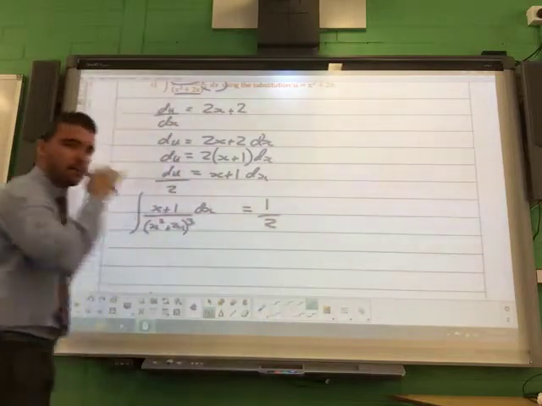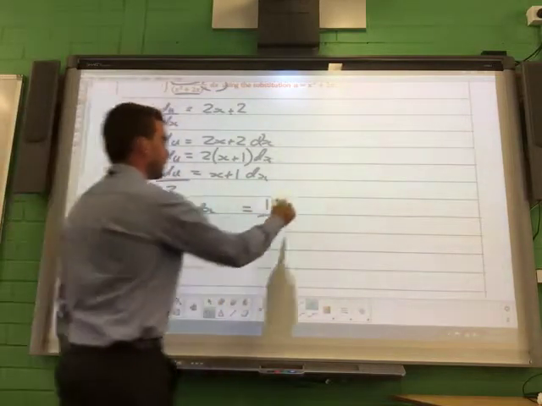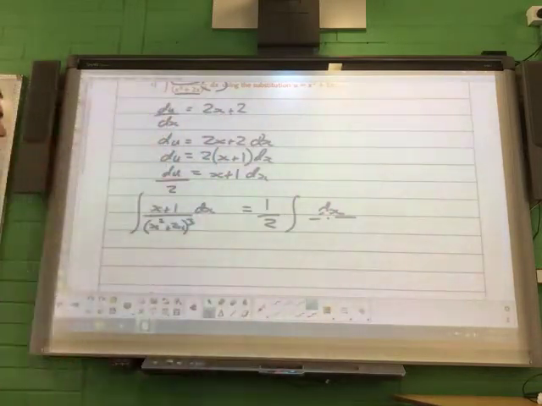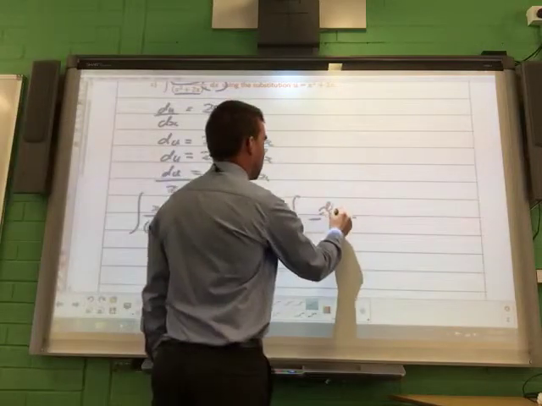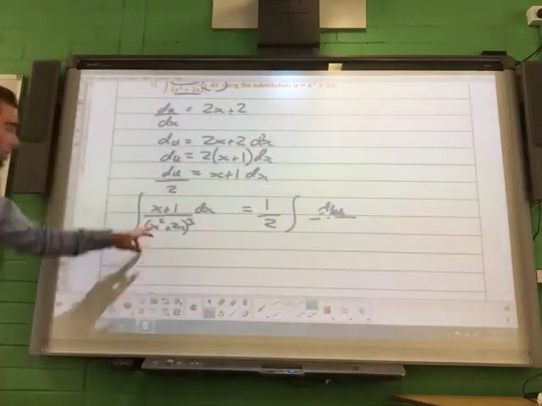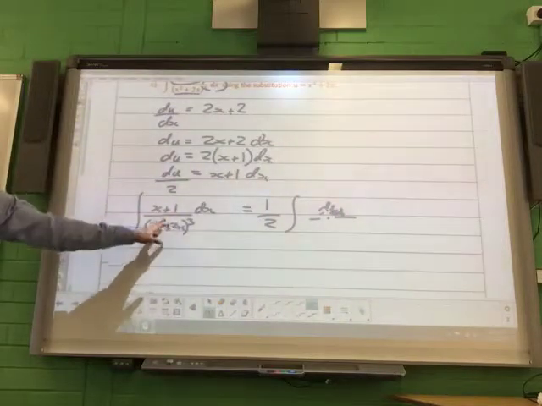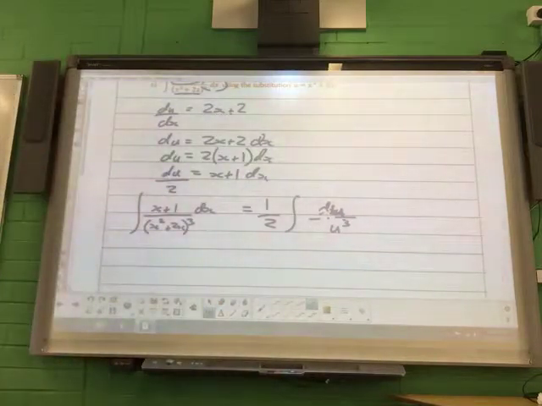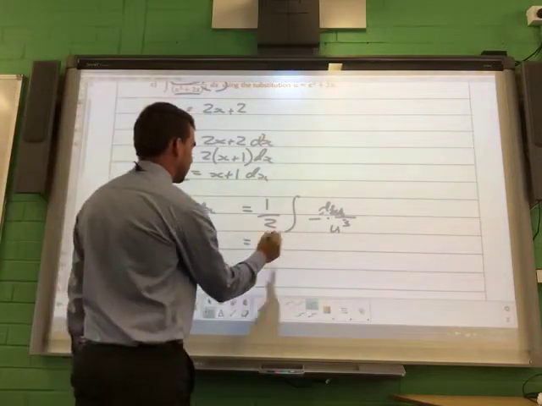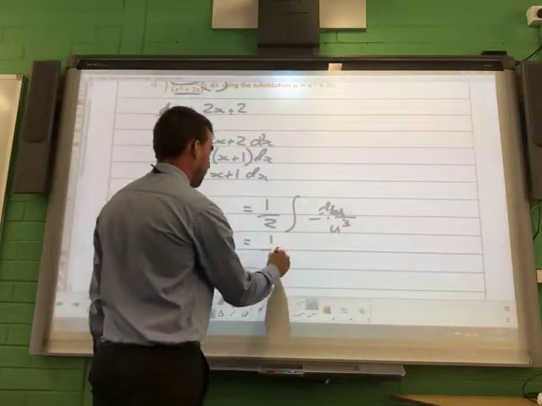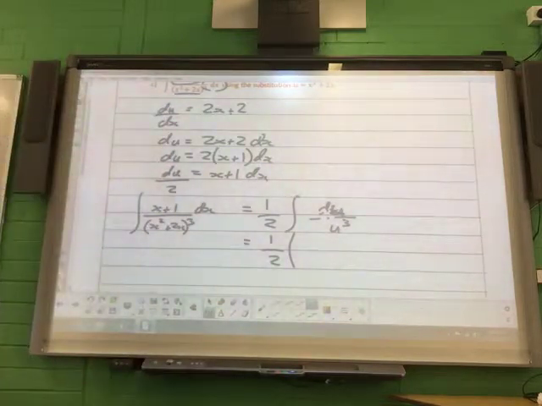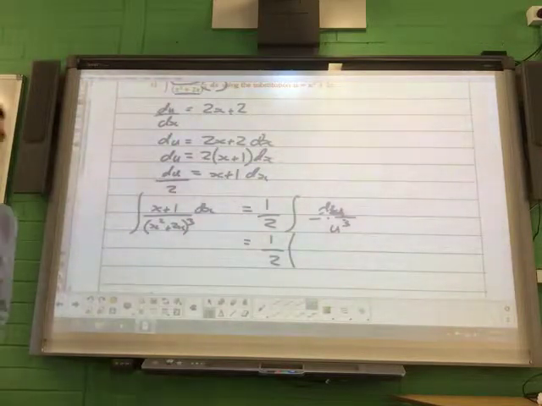So I'm going to write the half out the front because it's going to be a constant. du left on top. And on the bottom, x squared plus 2x was u, so on the bottom I'm going to have u cubed. Alright, so using my index laws, 1 over u cubed is going to be u to the power of negative 3.